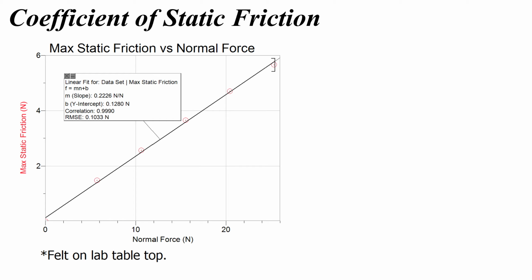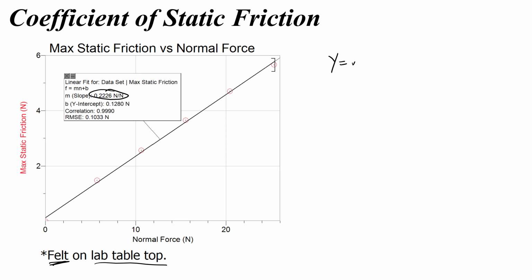So here we have a graph of maximum static friction versus normal force for a friction sled with a felt bottom on a lab tabletop. Now, you'll notice that there is a linear relationship between the maximum static friction and the normal force. So the slope here is going to represent for us the slope of a linear relationship.